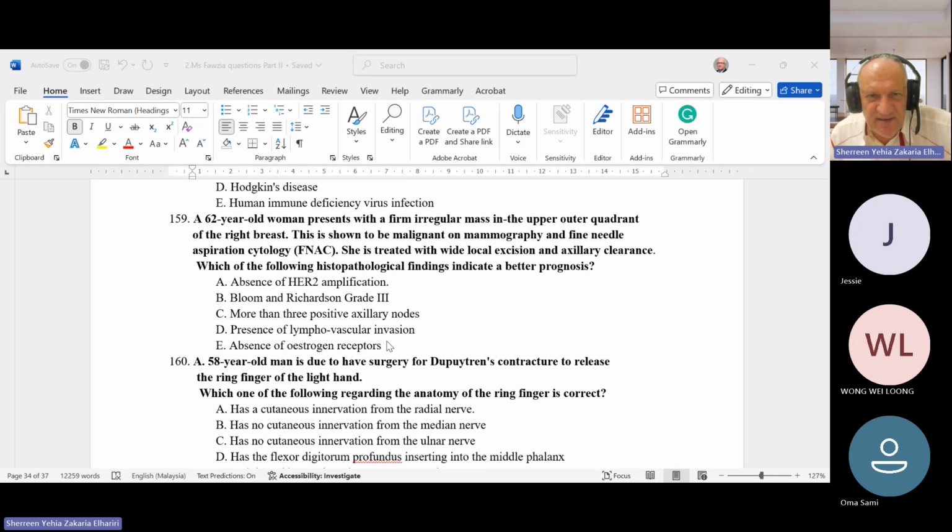The other options are not related because they do not indicate the prognosis. In the other version, maybe you can find it on YouTube, they wrote presence of estrogen receptor, which is correct, so I made it absence. So again, good prognosis means positive ER, estrogen receptor, positive progesterone receptor, and negative HER receptor. Okay.